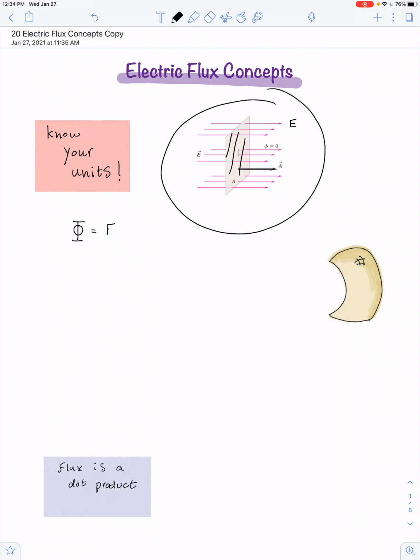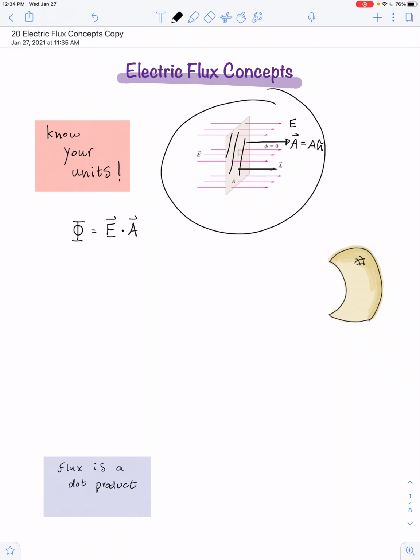It's just the dot product of the electric field and the area. In this case, the area vector, remember we say the area as a vector is the magnitude of the area times the normal hat vector.